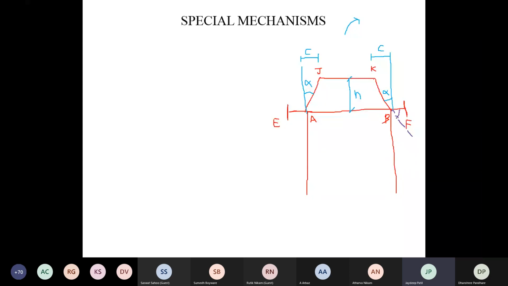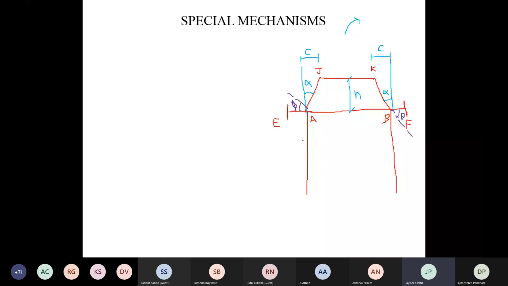This is theta, the turning angle of inner wheel F, and the outer wheel gets turned at an angle phi. This angle is phi. While the vehicle takes a turn towards right, both wheels get turned at angles theta and phi.